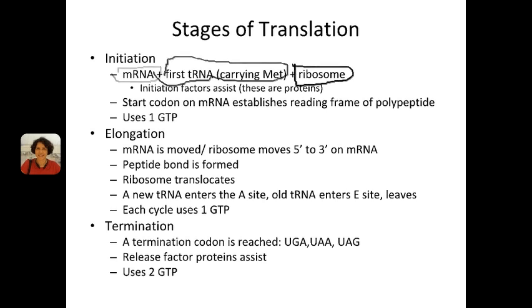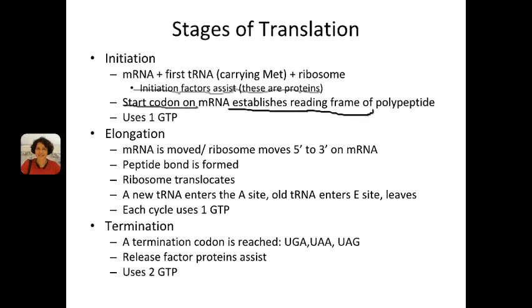There are also initiation factors that are proteins that are going to help with getting these three components together. The start codon on the messenger RNA, which we remember is AUG, is going to establish the reading frame of the polypeptide. This initiation process is going to use 1 GTP.